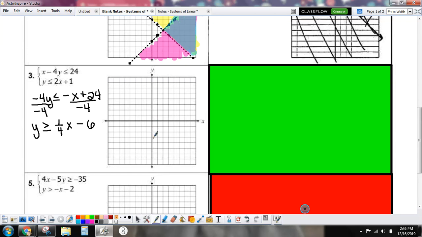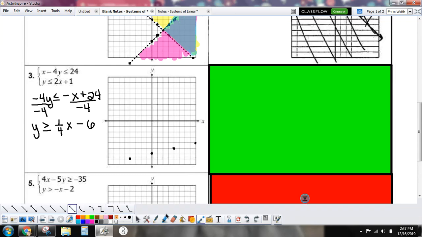So I'm going to go down 6, and then up 1 to the right 4. Okay, and this is an underline here, so it's a solid line.